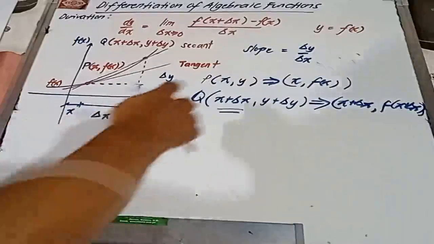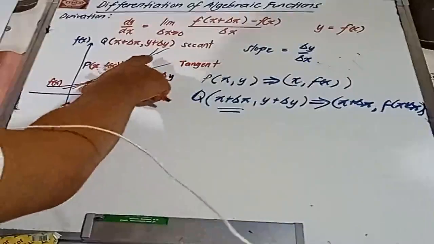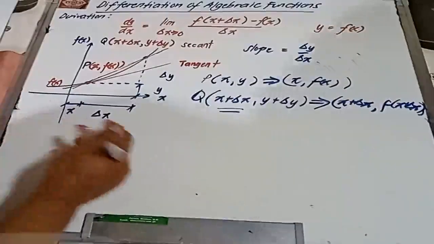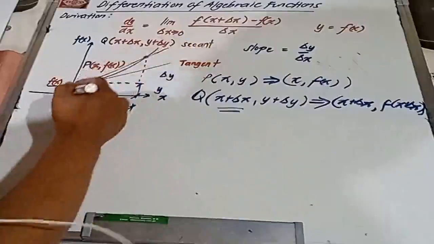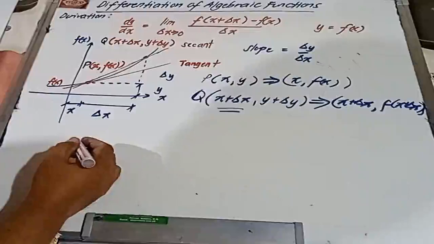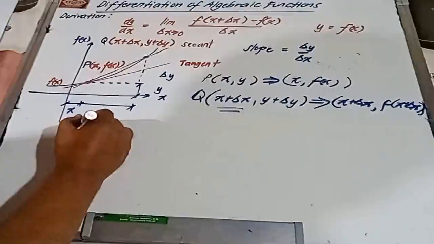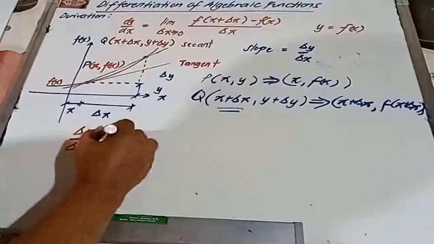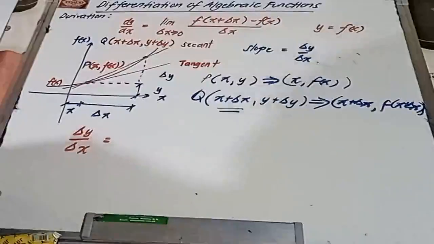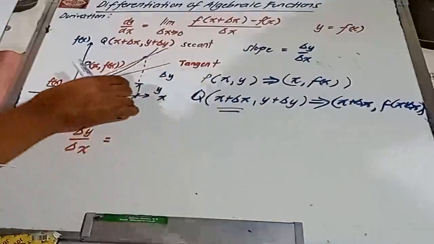Now, using the formula of slope, we can determine the slope of the second line. That is connecting the points P and Q. Yun yung slope natin. No? Rise over run. Okay?